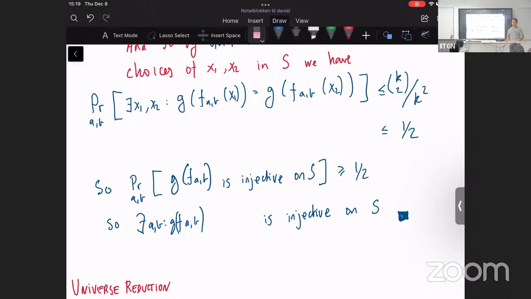This almost makes us ready to get a k to the k squared sized universal family. Remember what our goal is: to make a family of colorings that is not too large, so that every set of size k gets multicolored by at least one of these colorings.